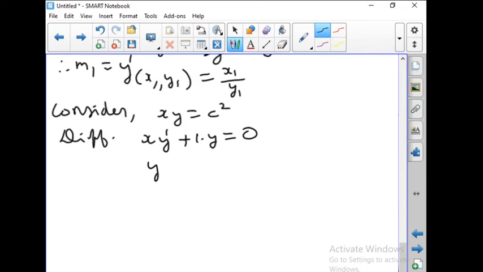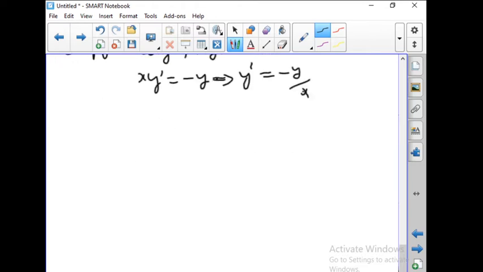So from this, xy dash is equal to minus y. So we get y dash is equal to minus y by x. So what is m2 now? m2 is y dash at x1 comma y1. So it is equal to minus y1 by x1.